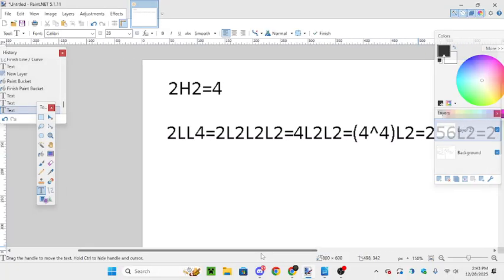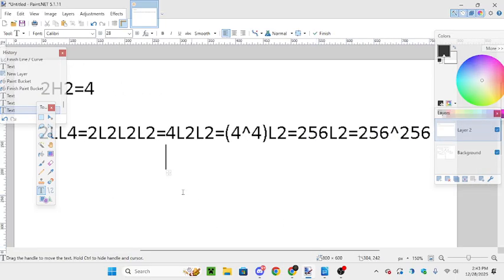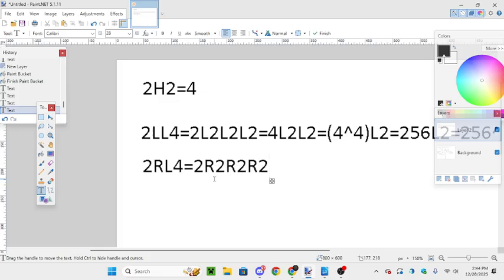This is what the double left pentation looks like. Now, when we do the left pentation of the right tetration, which I'm representing as RL, since we first go up a step to the right and then take a step to the left, what this looks like is 2R2, R2, R2.